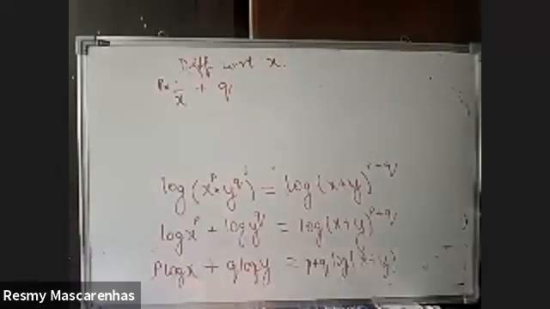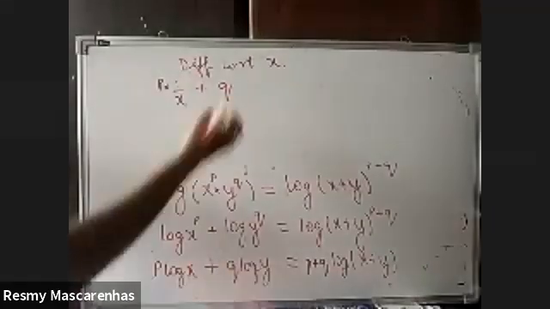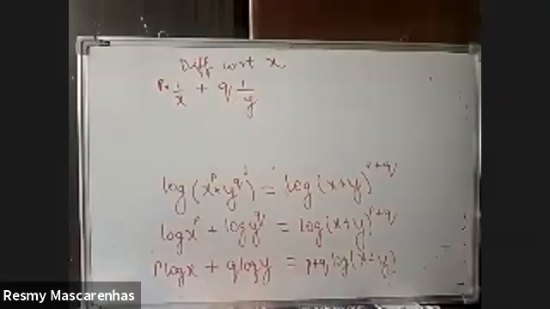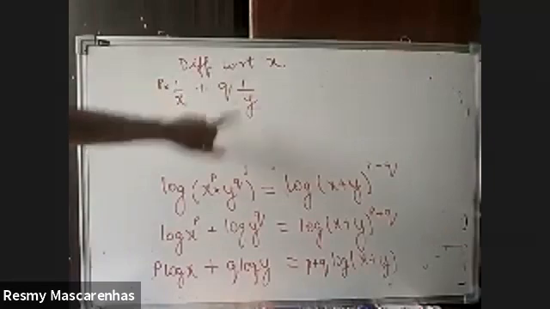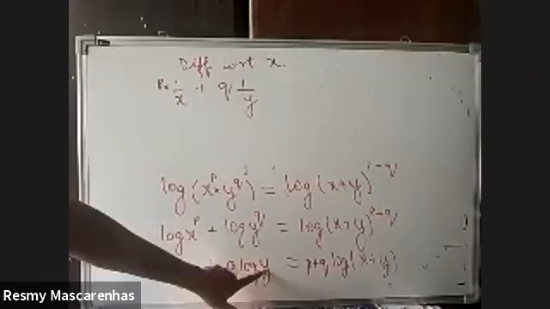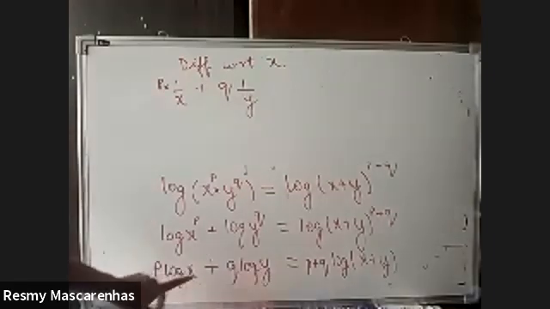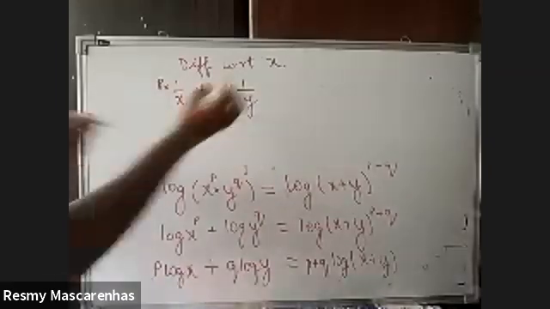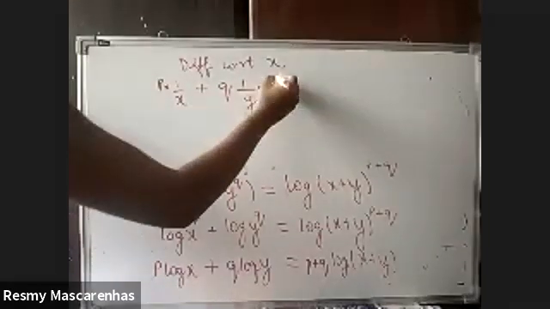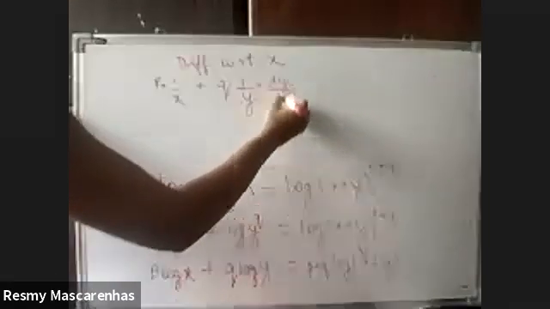The derivative of log y will be the same way 1 upon y. In the previous class also I told you, whenever you are taking the derivative of y, you first solve it the same way as x only. The derivative of log y is 1 upon y, but you always have to write an extra dy by dx.